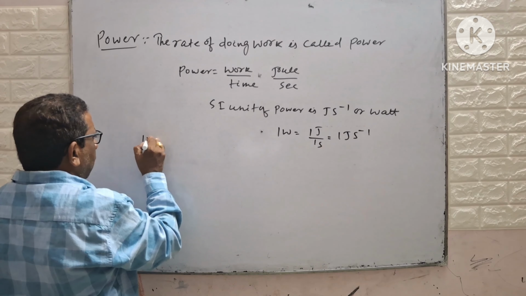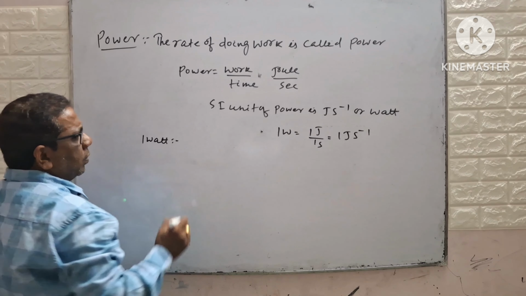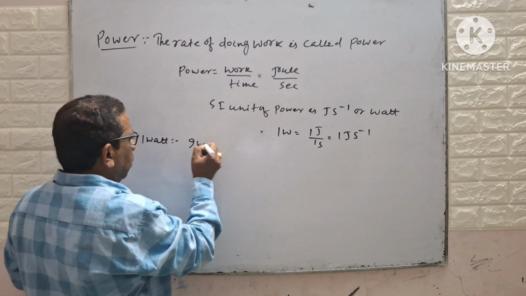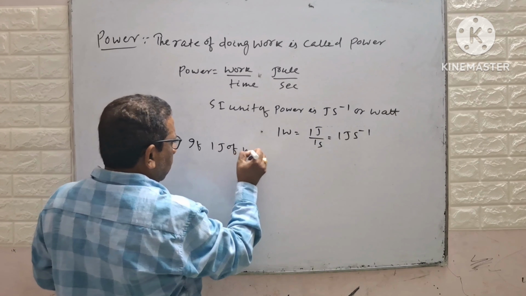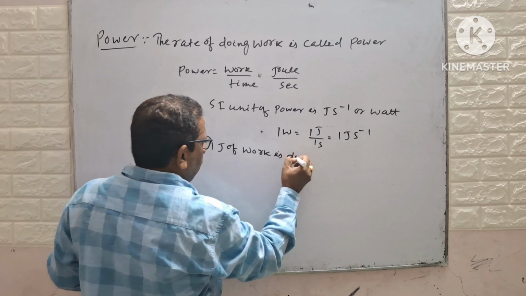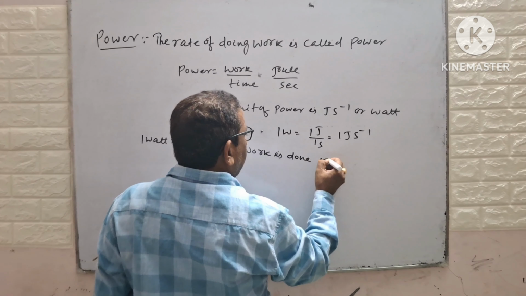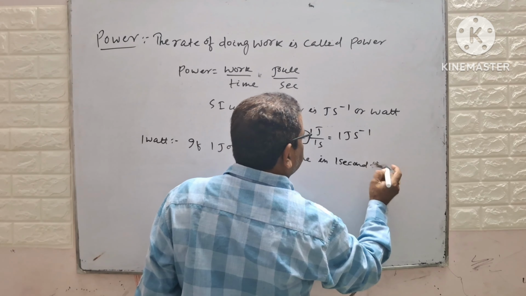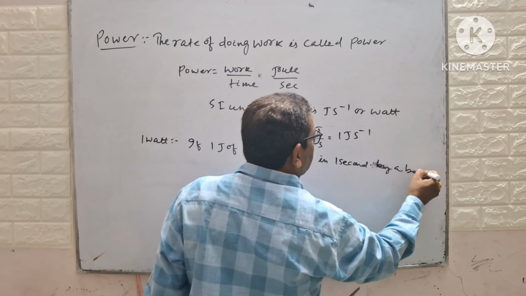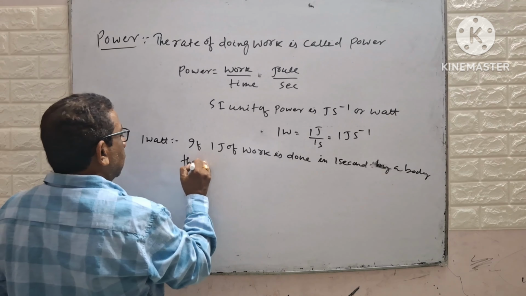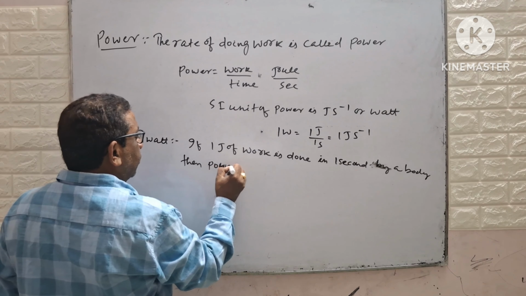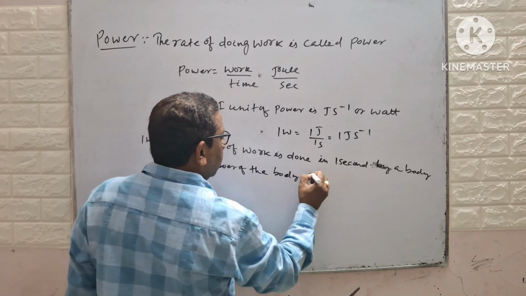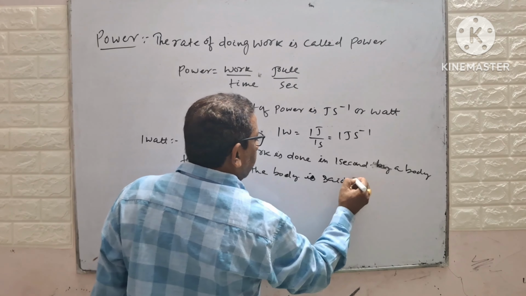That implies, if we define 1 watt, what will we say? If 1 joule of work is done in 1 second by a body, then the power of the body is said to be 1 watt.